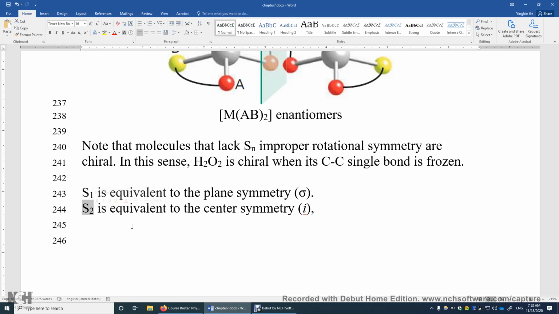And then after you do a reflection with respect to the xy plane, you change the sign of z to negative z. So after an S2 operation, you go from xyz to negative x, negative y, negative z. So that's just the operation with respect to the center of symmetry.